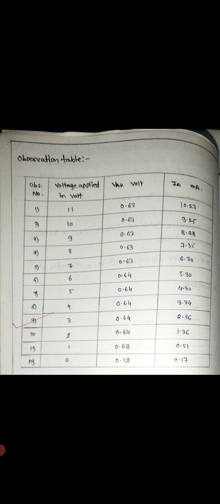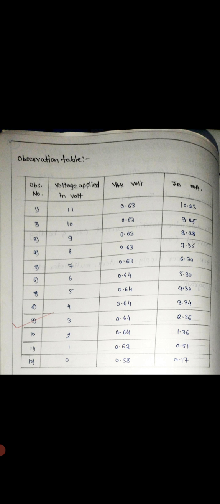For the observation table, I recorded the voltage applied in volts, the voltage from anode to cathode of the SCR, and the current IA in milliampere. The applied voltage is decremented from 11 to 9 volts, and the anode to cathode voltage measured in the demo is 0.63 for 11 volts applied.